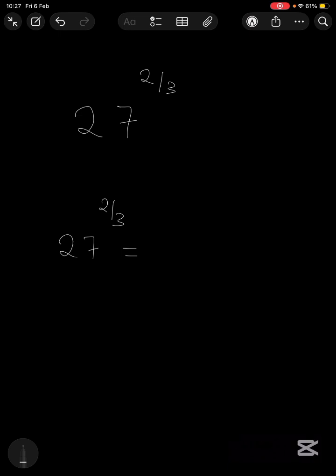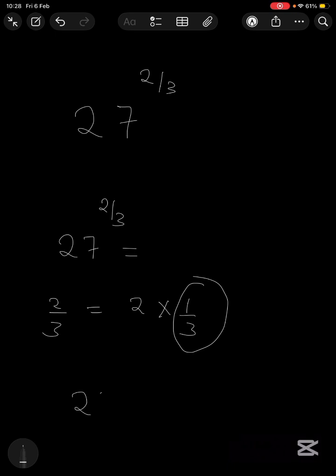We're supposed to start with the denominator. How can we get 2 over 3? 2 over 3 is the same as 2 times 1 over 3. So you're supposed to start with 1 over 3. And I said power 1 over 3 is cube root. So we find the cube root.